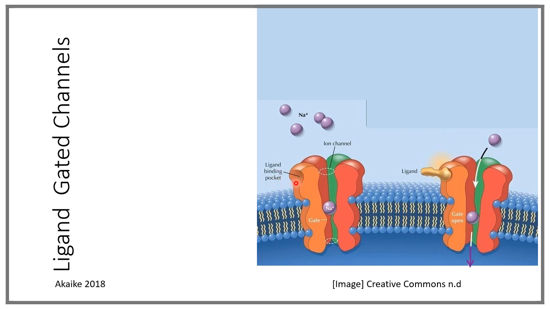But instead of a voltage activated gate, we've got a ligand binding site. And when a ligand binds to that site, the conformation of the protein changes such that sodium is able to pass through it and get from the extracellular side of the membrane to the intracellular side.